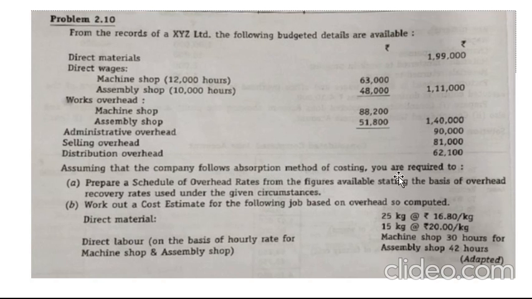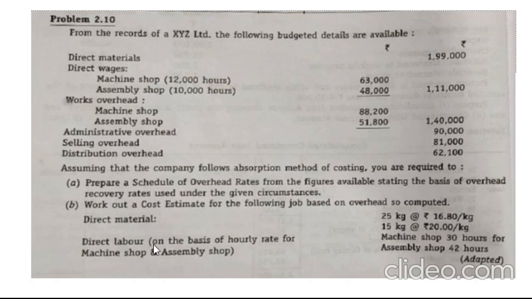So that is called the absorption method of costing. Under this method, you are required to prepare schedule overhead rates. So you need to show schedules for calculating your expenses from the figures available, stating the basis of overhead recovery rates used under the given circumstances. Circumstances here are the estimated circumstances where materials are only 25 kg and 15 kg, and the rate per kg is given.